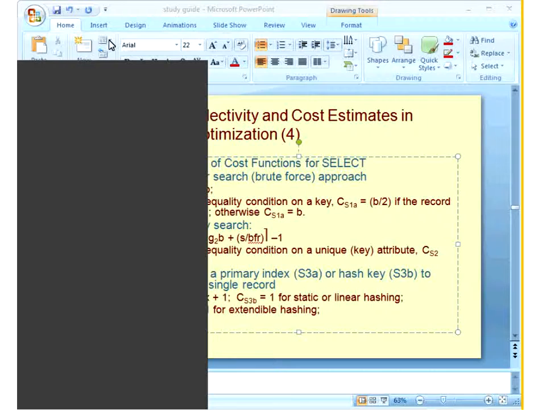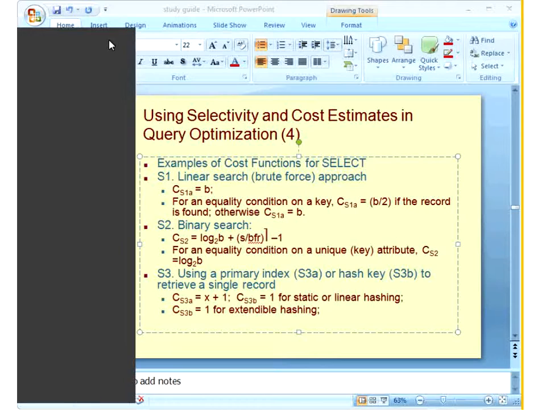I'm exploring the book to see whether the description is given there or not. It's on page number 713.